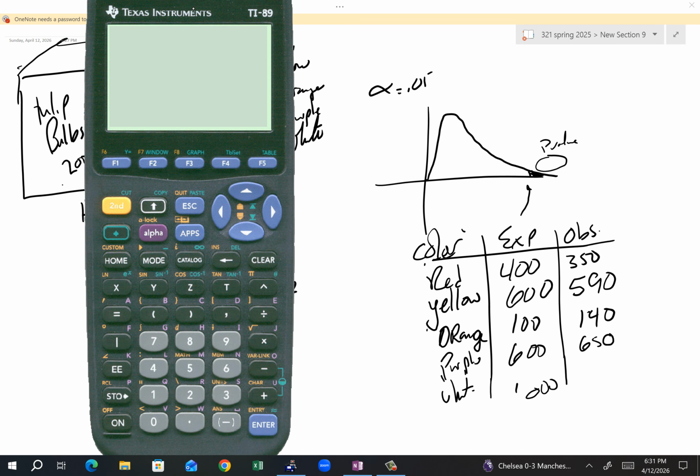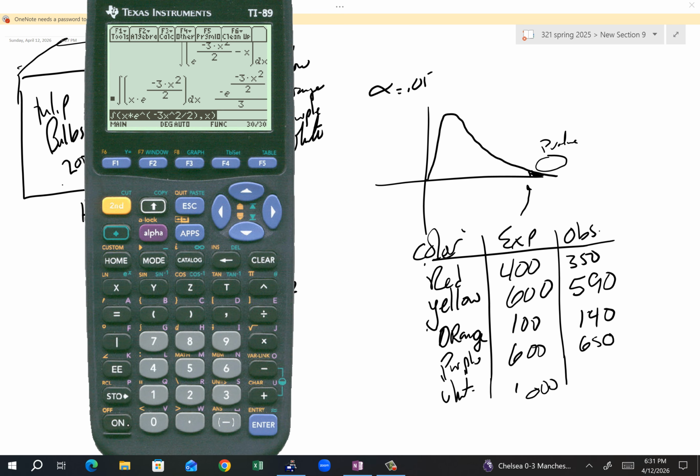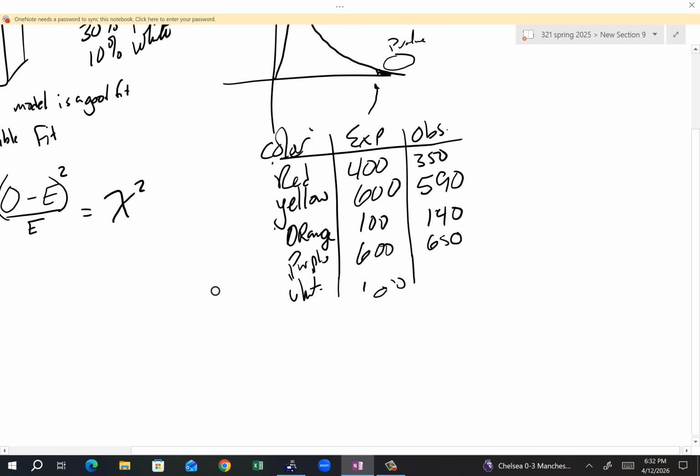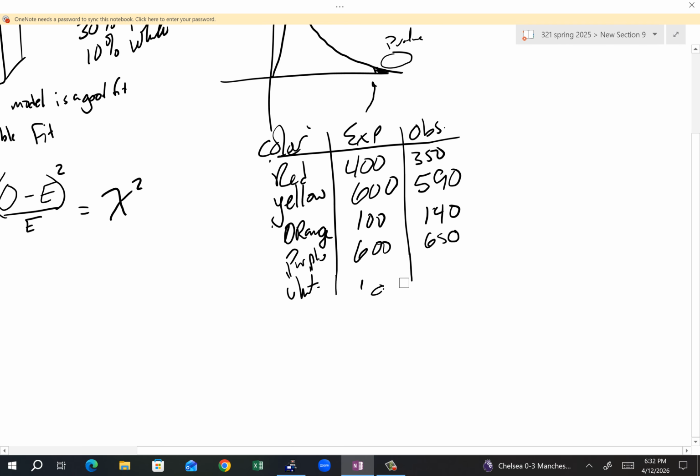Now, 350 plus 590 plus 140 plus 650 is, good Lord, 1730. Right, yeah, that's right. So we only see 70. Mr. Groom has had a problem here.